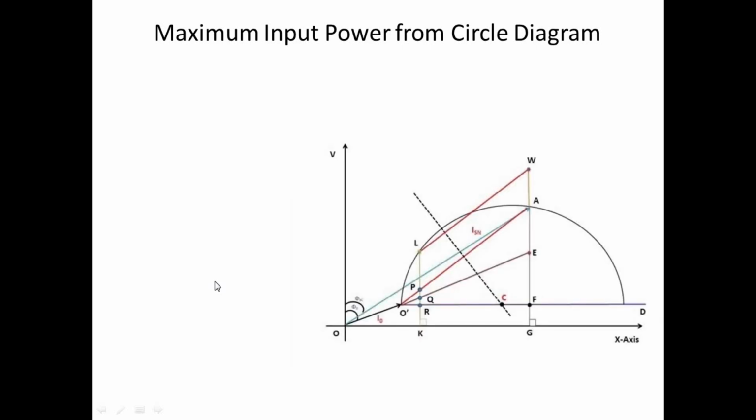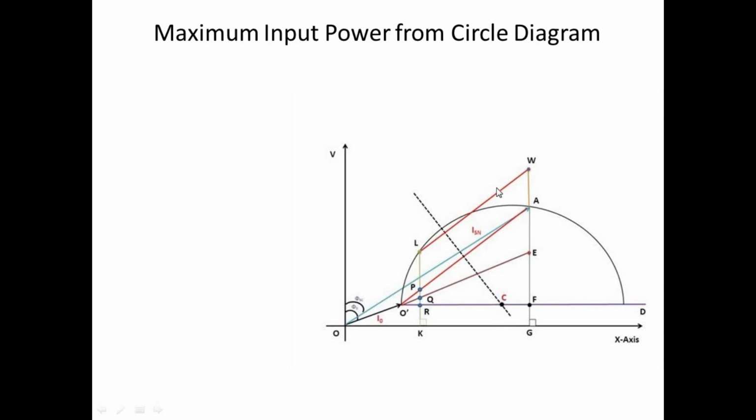Next, we can find the maximum input power of an induction motor. So this is the circle diagram. In order to find the maximum input power, we know that the maximum input power line is a line from the circle to the x-axis which is maximum.